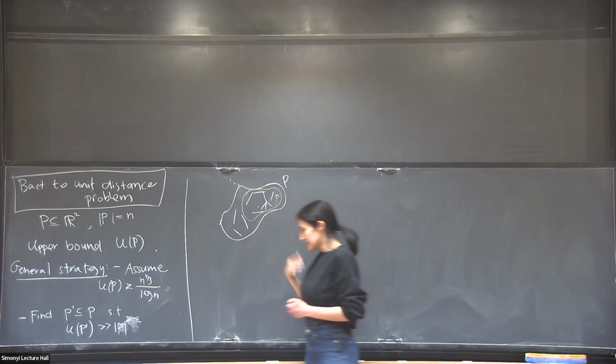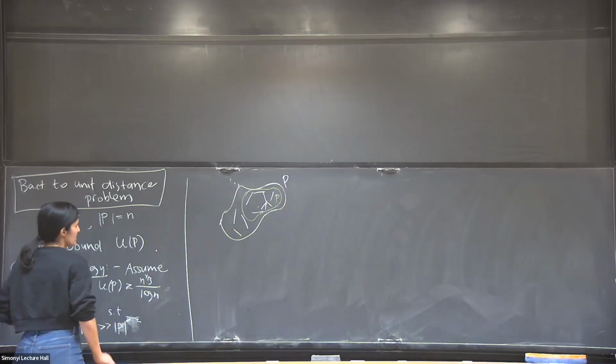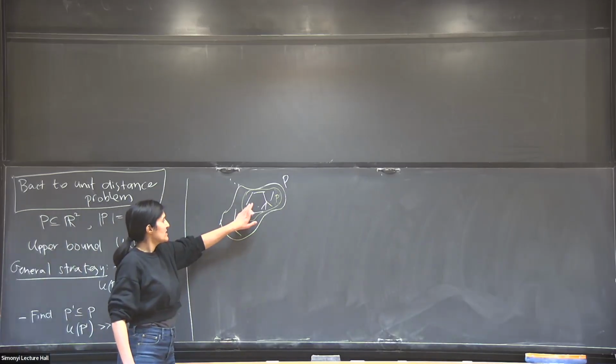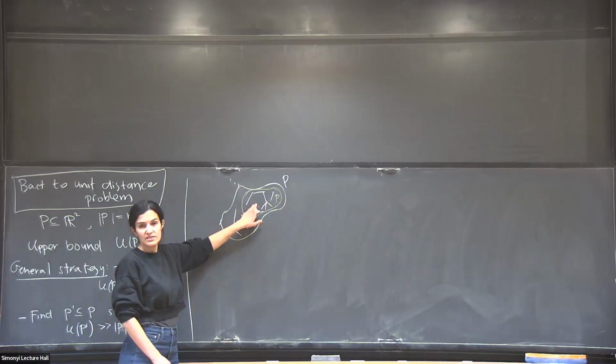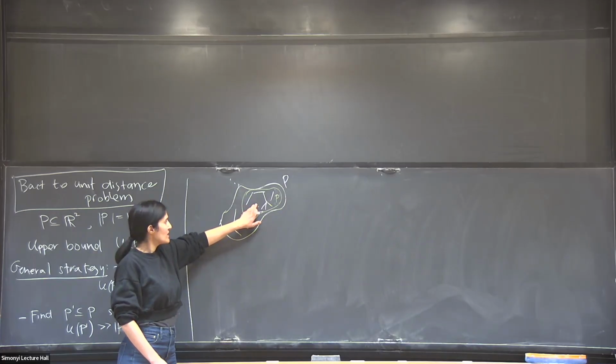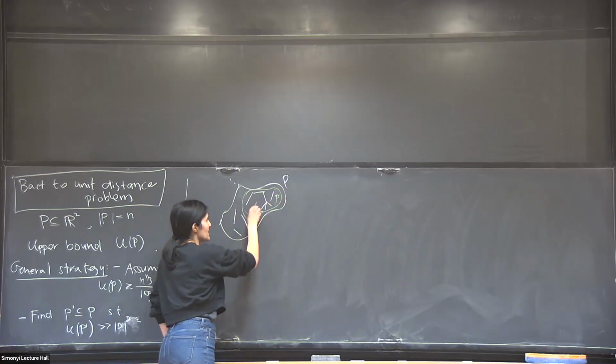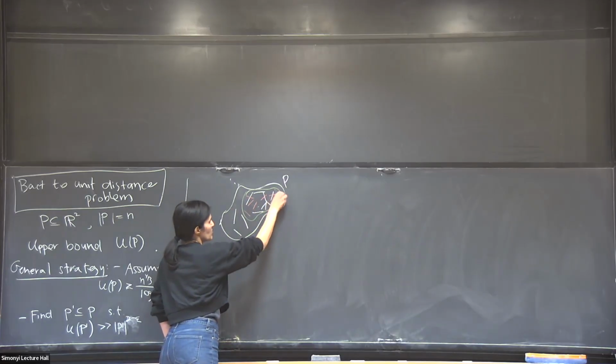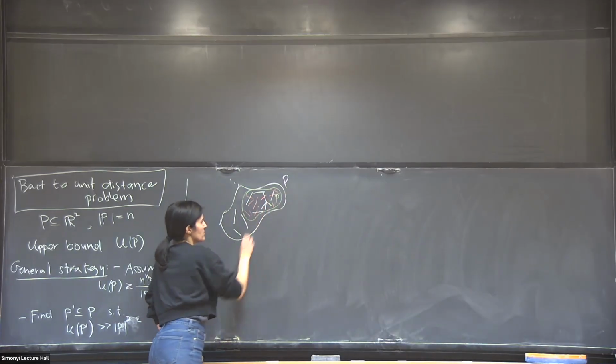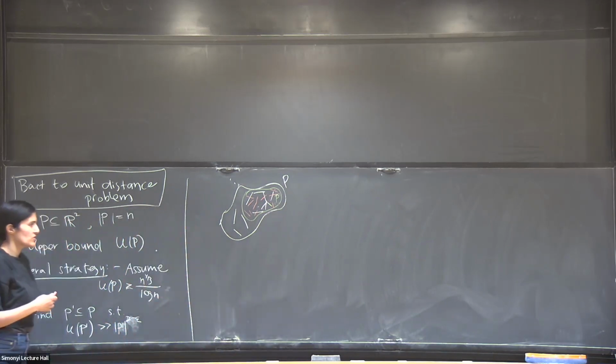So the new idea here is we are going to show that there are many repeated distances inside P prime, but maybe there is another number, maybe 7, that repeats again and again inside P prime. So many times that it leads to a contradiction. That's the basic idea, but the question is how?